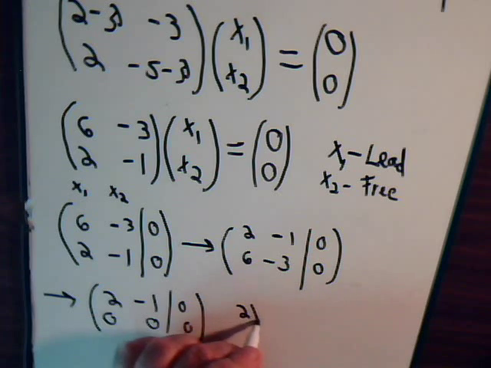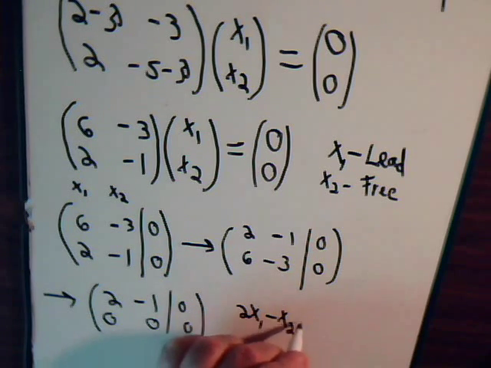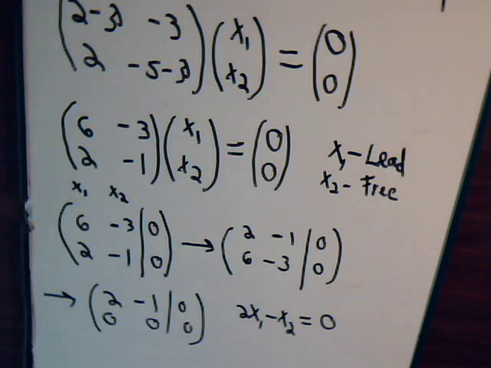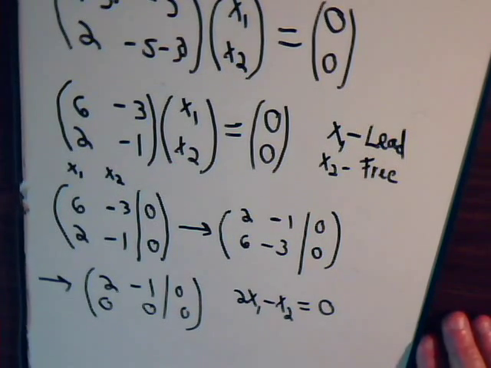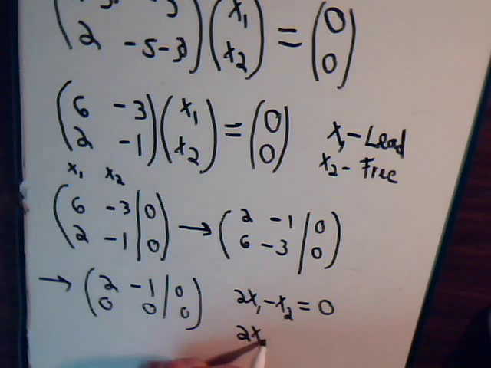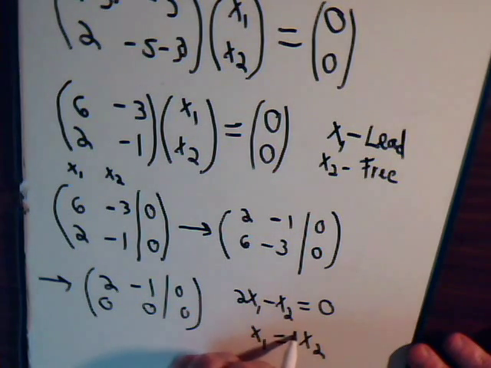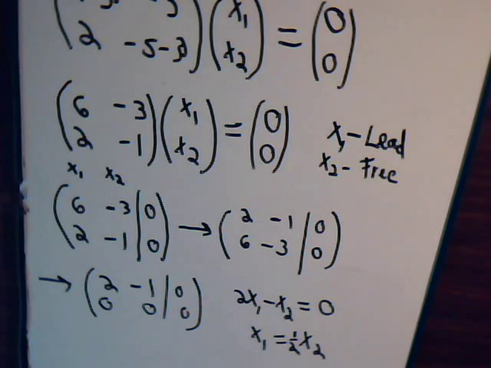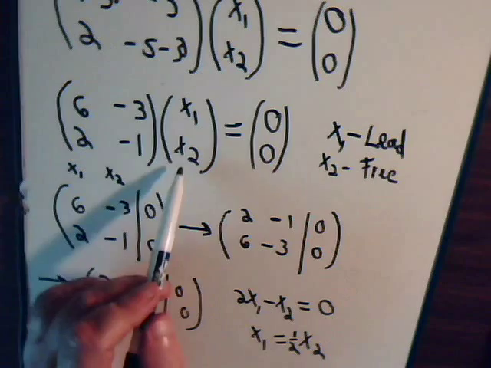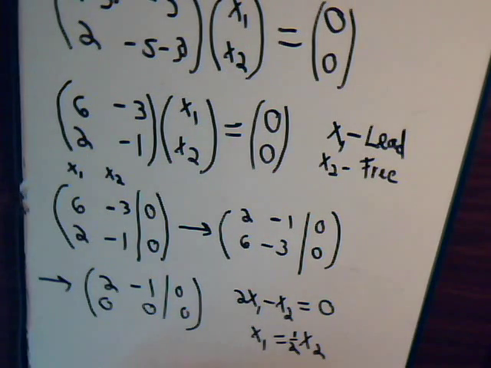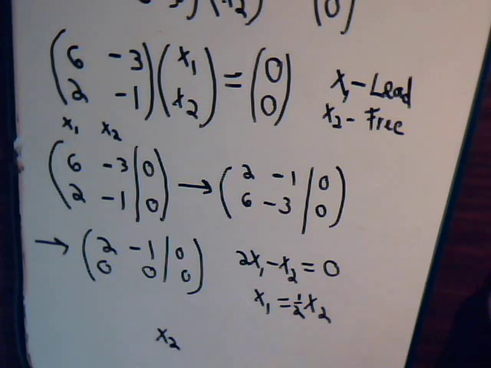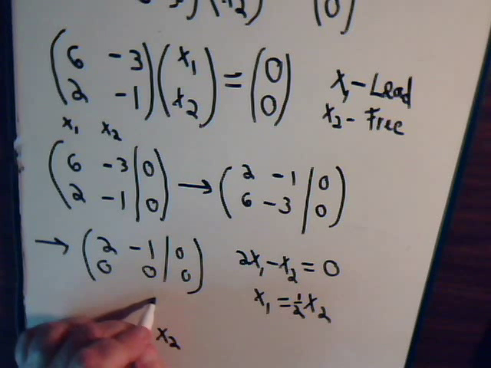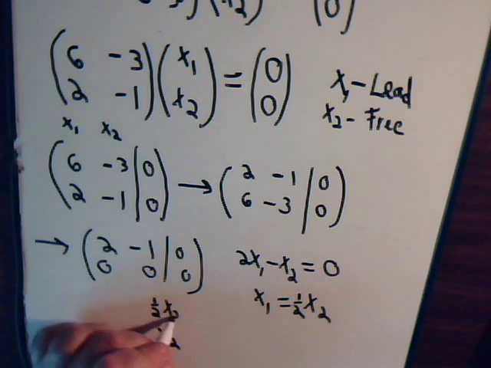We have 2 times x1 minus x2 equals 0, so 2 times x1 equals positive x2, or x1 equals 1/2 times x2. So our eigenvector has components x2, that's the free variable, that can be anything, and x1, which is 1/2 times x2.